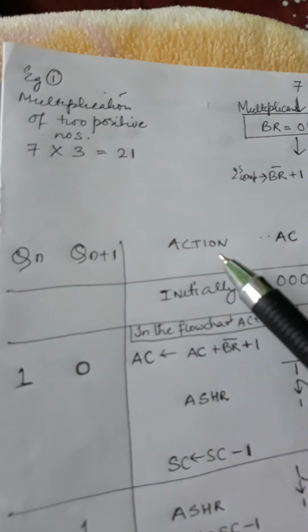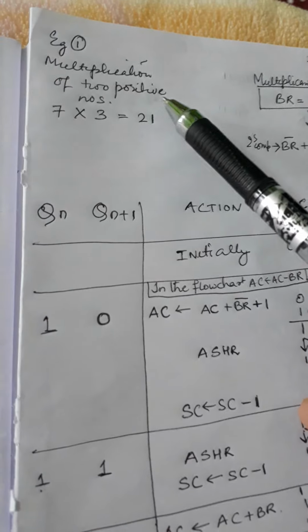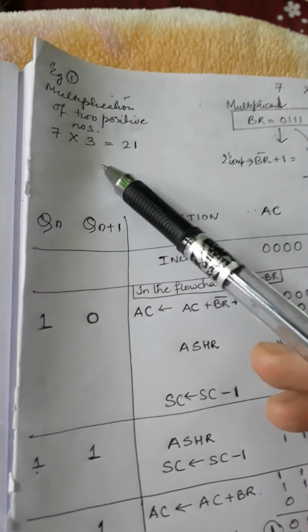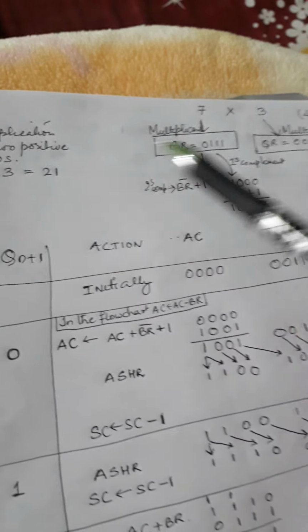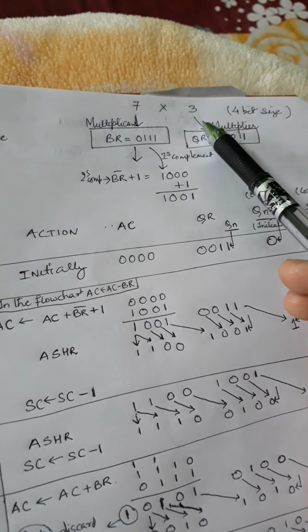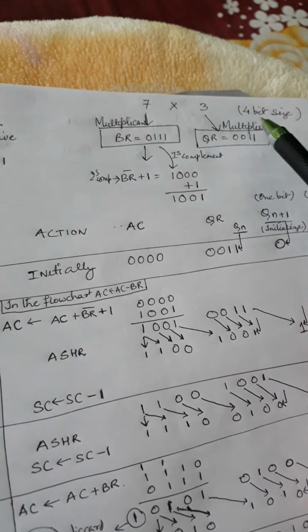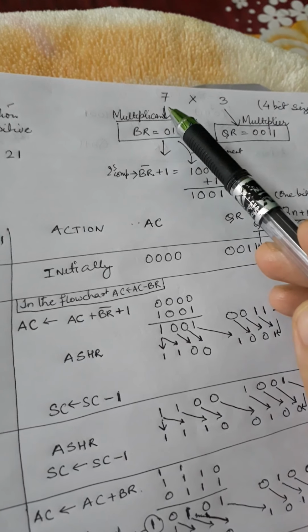Now we will apply this Booth algorithm on this example where we are multiplying two positive numbers, that is 7 and 3. 7 is our multiplicand and 3 is the multiplier. So here we have 7 into 3, and we'll be using 4-bit size, which means we will have 4 bits to represent the numbers.